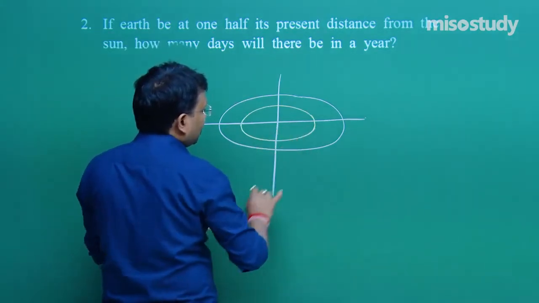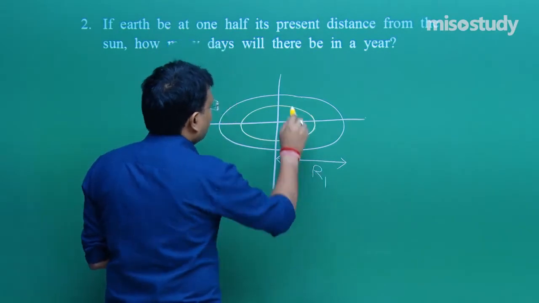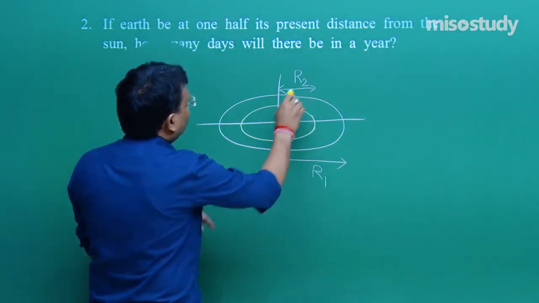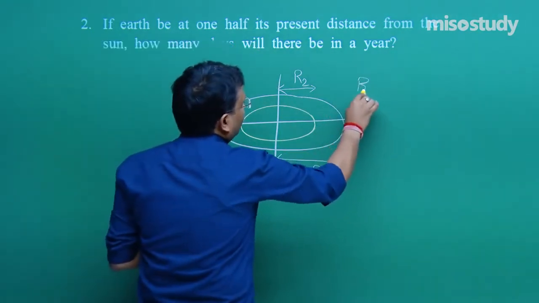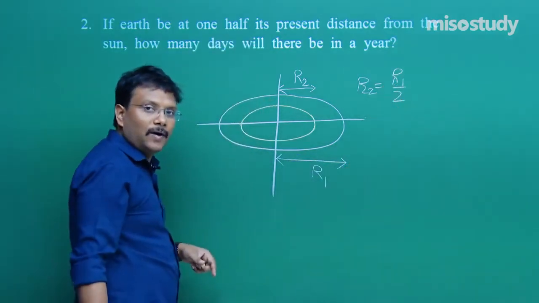So initial this distance is R1 and after, R2, what it is mentioned, half. So one thing is clear, that R2 is equal to R1 by 2, fine.